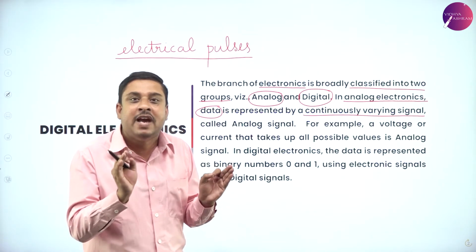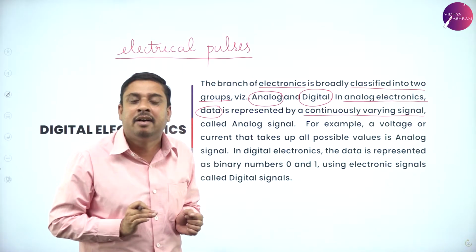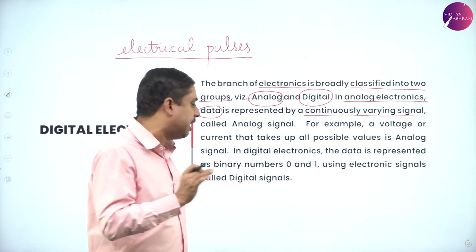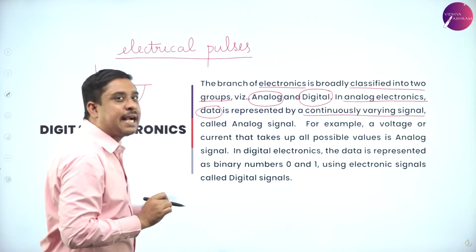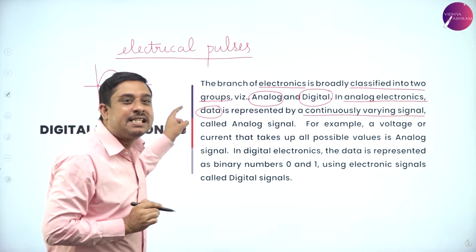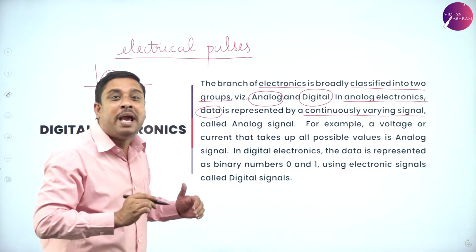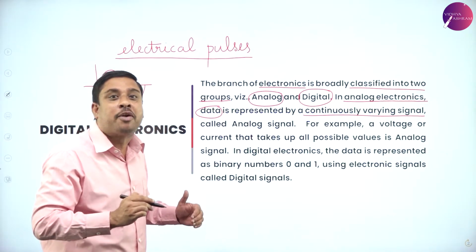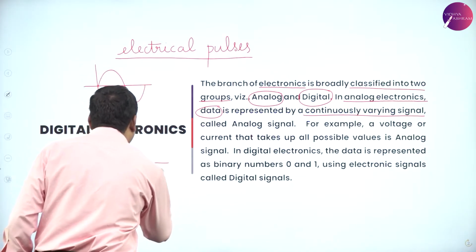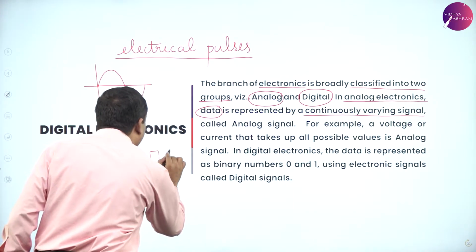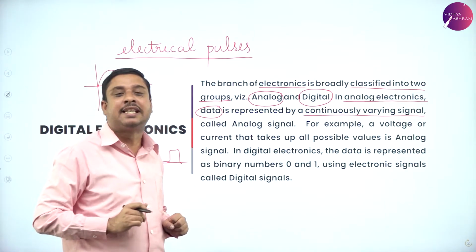It may be varying electrical signal or varying voltage signal. See, for example, it may be a varying electrical alternating signal, alternating wave, as we studied. So data may be represented in the form of electrical signals, or data may be represented in forms of voltage signals. This we call a voltage pulse.